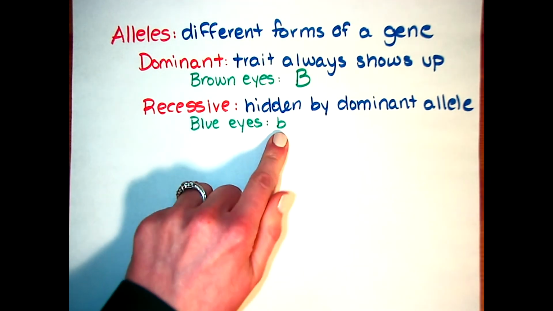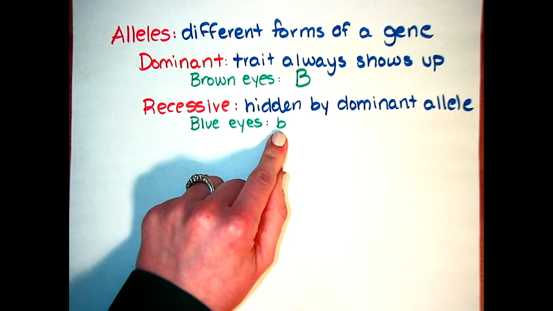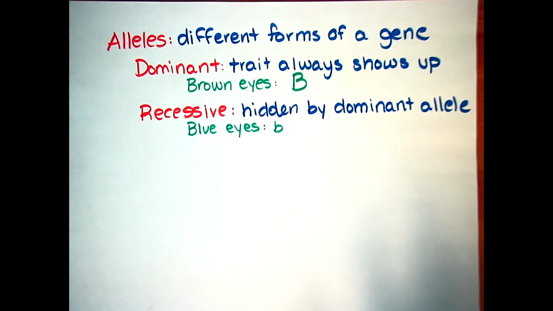Now, something that we learned also is that you get genes from both of your parents. And so what that means is that you're going to have 2 copies of every allele. So for every trait, you're going to get 2 genes, one from your mother, one from your father, one from your egg, and one from your sperm cell. So that's where these letters come in handy.